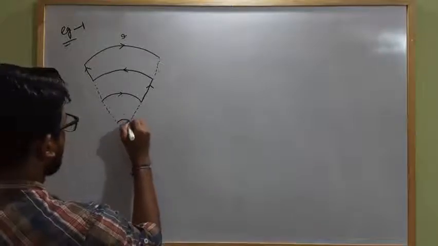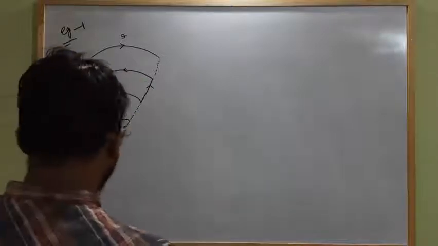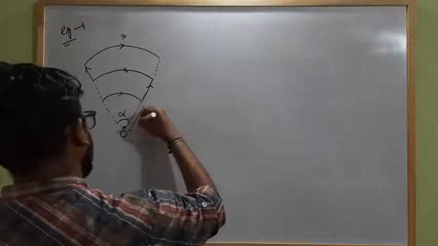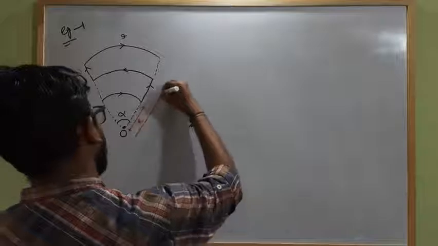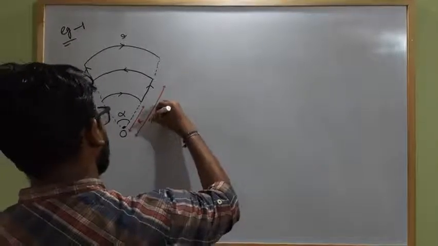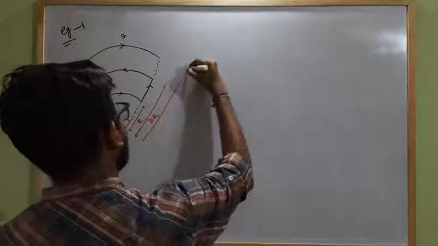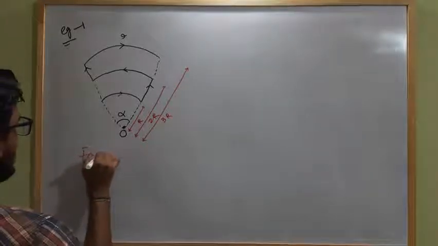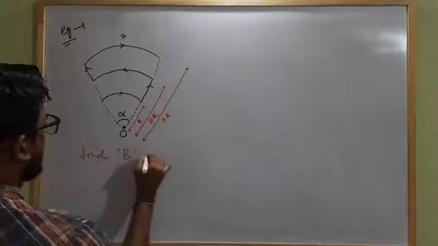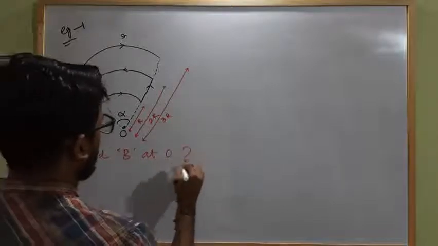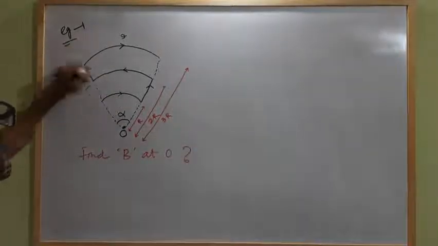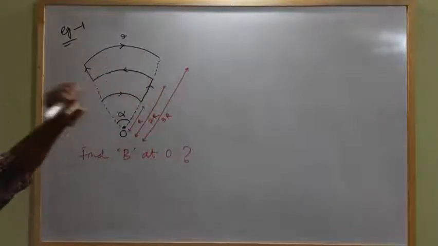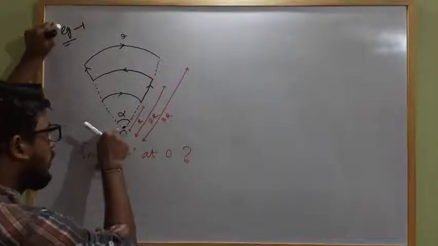This is point O, this angle is alpha, and the distance from O to this is R, from O to this is 2R, from O to this end is 3R. Now find B at O. So due to this current carrying coil, in which the coil is in this shape, we have to calculate the magnetic field strength at point O.